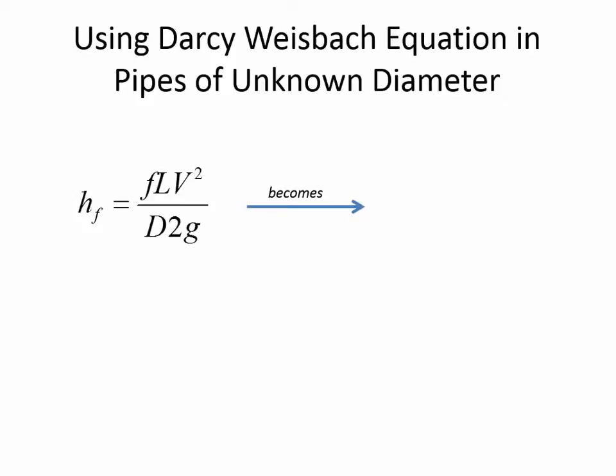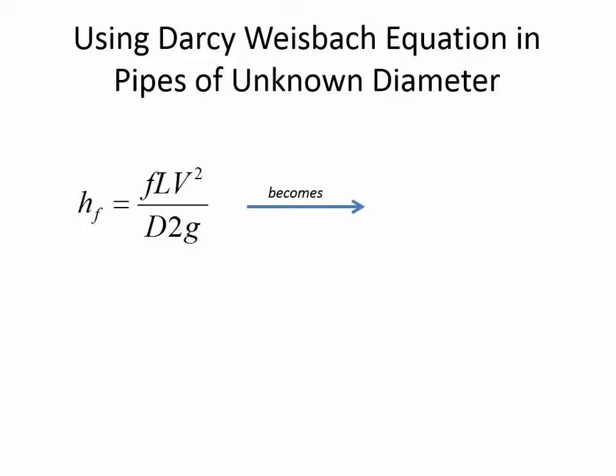What we'll do is rearrange that with the substitution of what the cross-sectional area is: f L Q squared divided by D 2g, and then substitute in pi d squared divided by 4, squared. So I'm just substituting in the definition of A. And that turns into 16 f L Q squared divided by d to the 5th 2g pi squared.